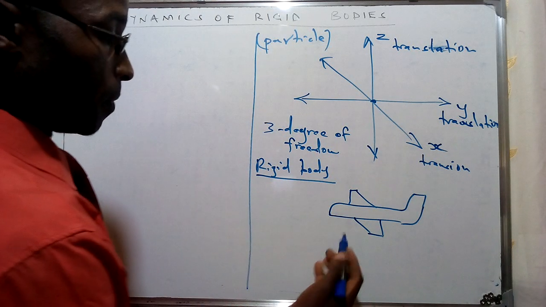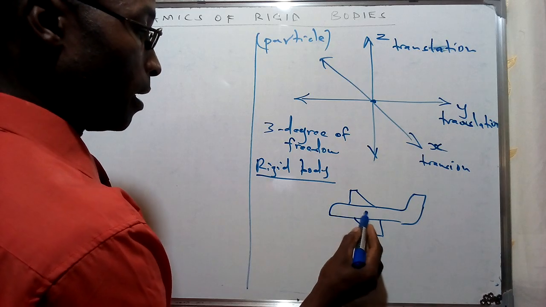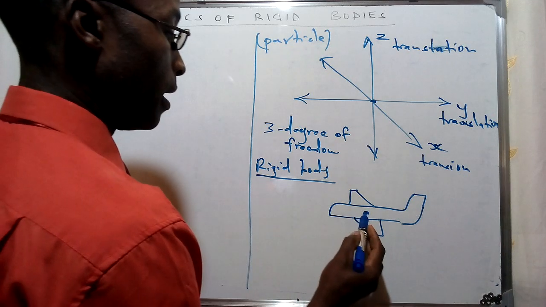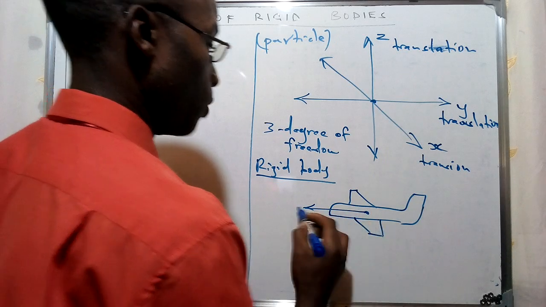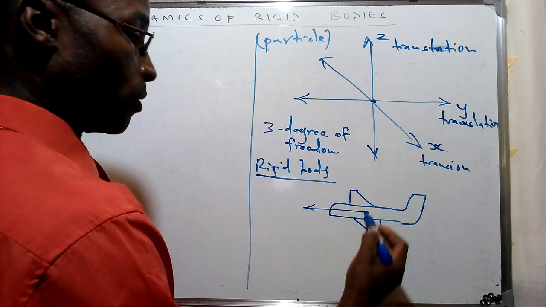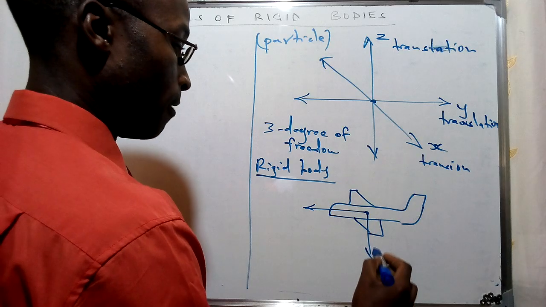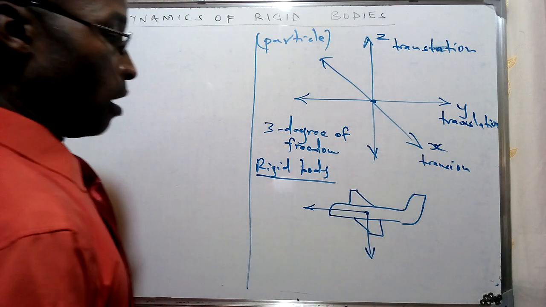If we consider this plane to be situated at this specific position, we have this axis which cuts across the horizontal position, and then we have a vertical one which is pointing downwards.